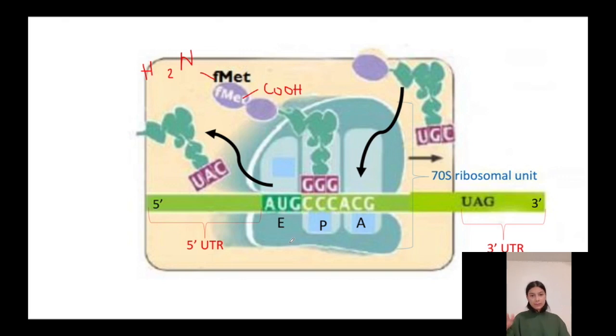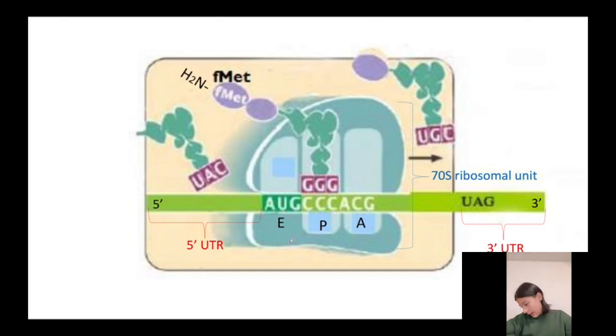In polypeptide chains, we have the amino end and the carboxy end. The carboxy end has the OH, and this is where a new amino group from another amino acid will come to form that chain. So this is where our amino end, or the N-terminus of the polypeptide chain, is located.